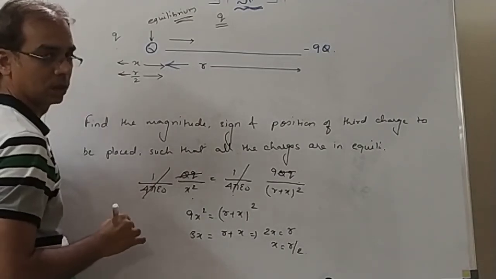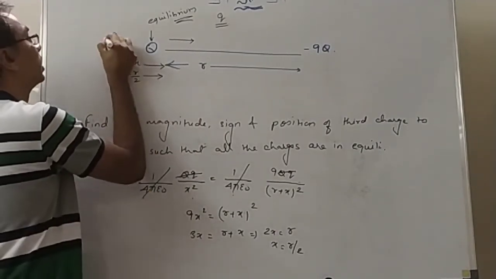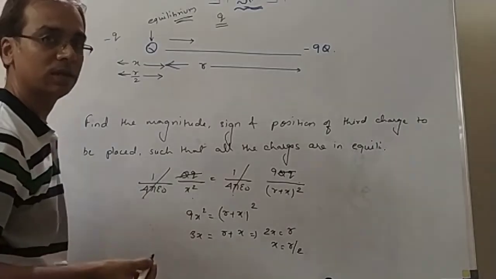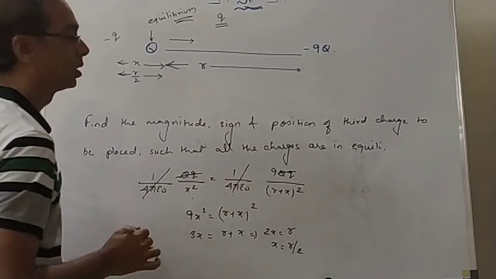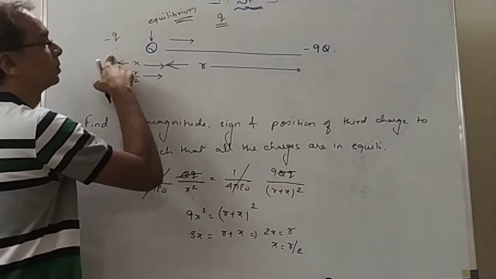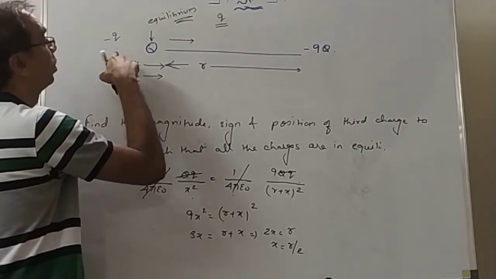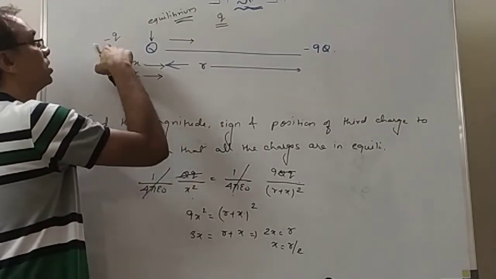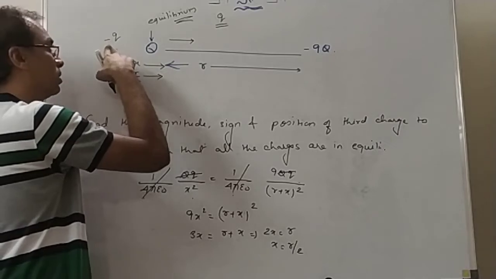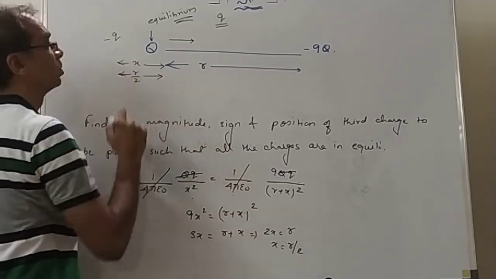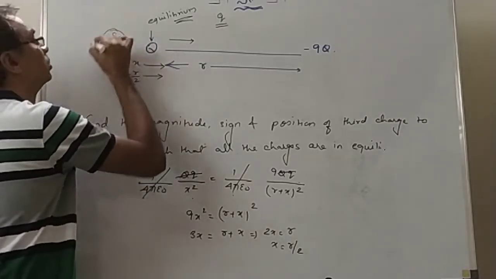There's no doubt about that. Now how will it attract? When it is negative, then only it can attract it. Am I correct? Right? So we got its charge. Its charge is negative. We got its position also. Now we have to find its value.